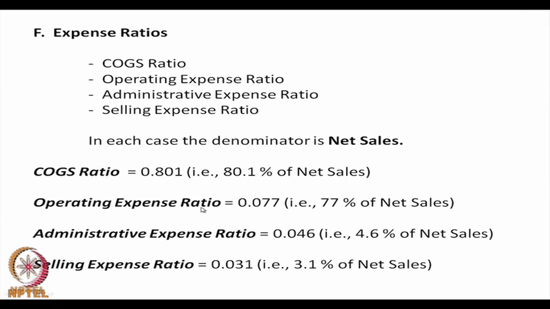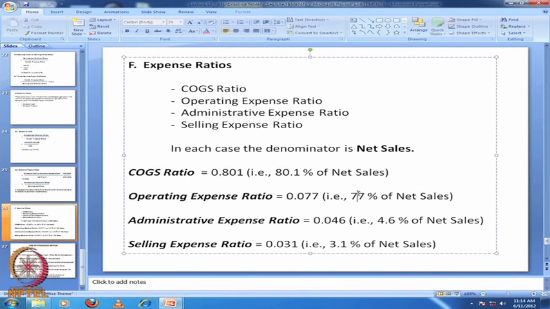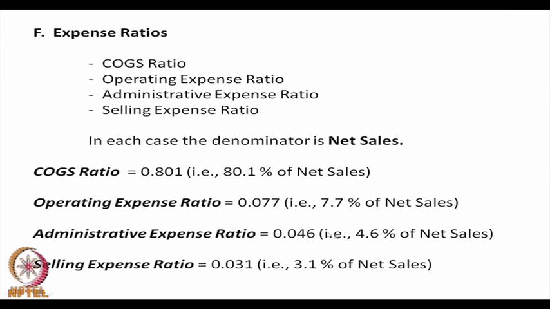The operating expense ratio is coming as, there is a mistake here, it should be 7.7%, 0.077, that is 7.7% of the net sales. Administrative expense ratio is coming as 4.6% of net sales, and selling expense ratio is coming as 3.1% of net sales.